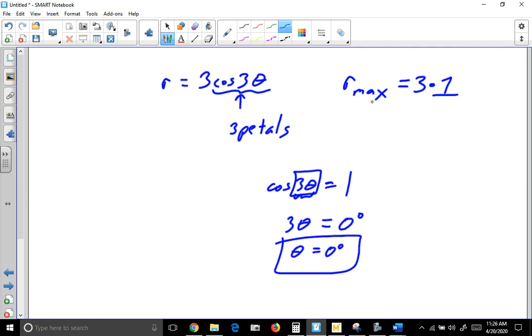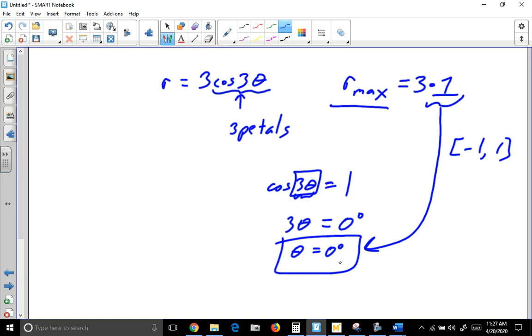So in other words, we get a maximum radius when cosine is 1, and that's going to occur when we plug 0 degrees in for theta. Regardless of what this number is here, if this value is 0, anything times 0 is 0. Cosine of 0 is always 1, which is the maximum output for cosine. Remember, the range for cosine is from -1 to 1.